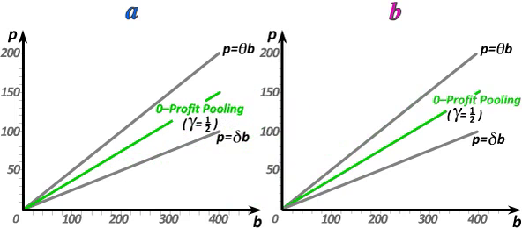In panel B, we'll now investigate whether any of the insurance contracts that lies on this zero profit pooling line can in fact be in equilibrium when gamma is equal to 1/2, where gamma is the fraction of the population that's low risk.